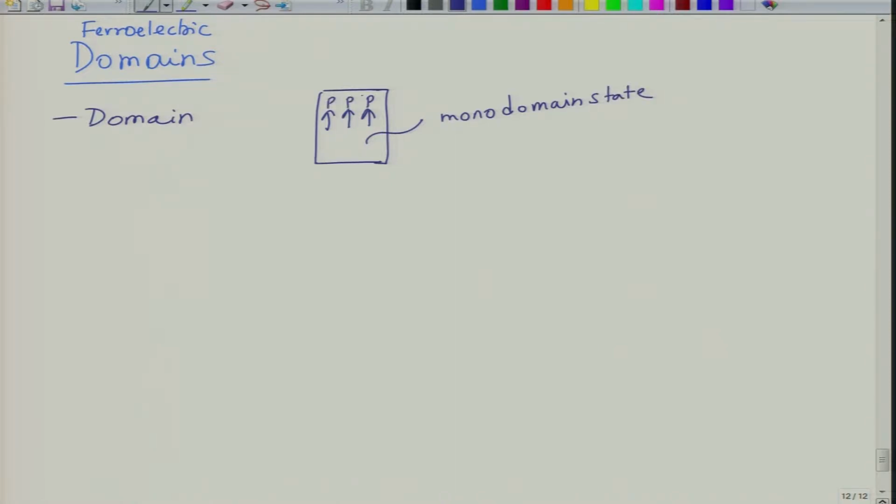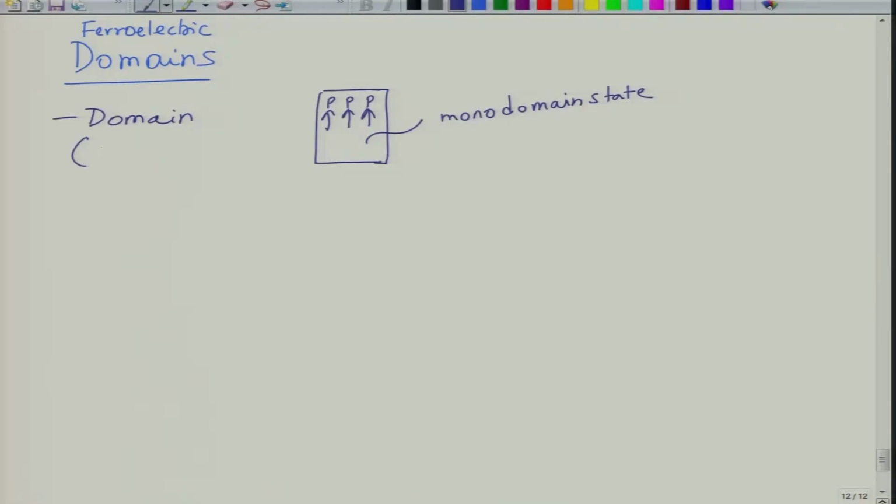So, basically a domain is a region in which all the polarization vectors, or all the dipoles, are aligned in one direction. That is called a domain, and a domain is not to be confused with a grain boundary.